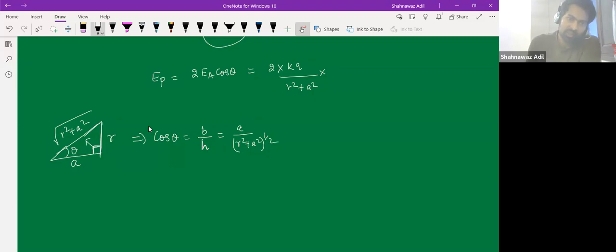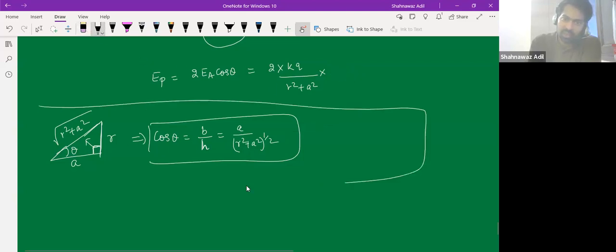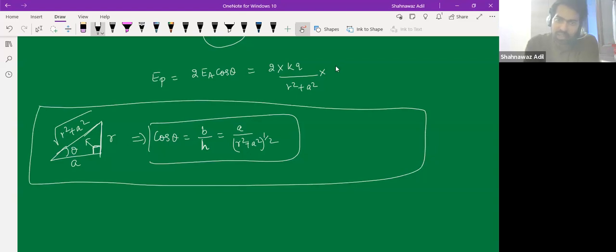So we can plug this value in here. So this is A by R square plus A square to the power half, and this is R square plus A square to the power 1.